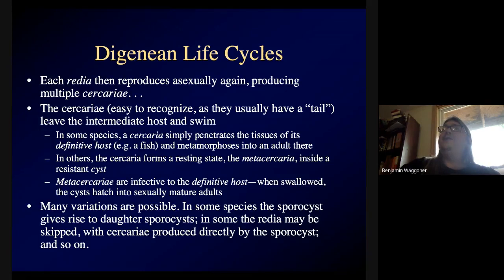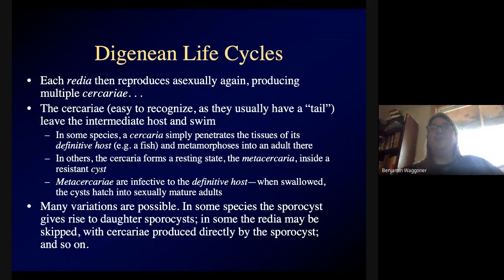And part of the fish's immune response is to secrete melanin around the metacercaria, which means that the fish looks like it's covered with black spots. In fact, this is called black grub or black spot disease. As far as I know, it's not common in freshwater aquariums, but it's the kind of thing that you might see in the fish that you pull out of Lake Conway someday, if any of you folks go fishing.